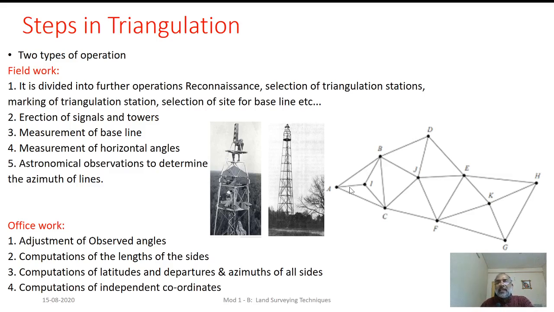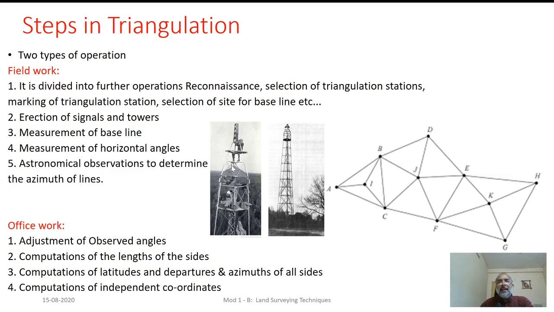if it is expected to measure from A towards B, the station B should be elevated to such a height that it will be seen from a certain structure erected over A. So, here what you see is an example of a signal and tower. Let's understand the concept.